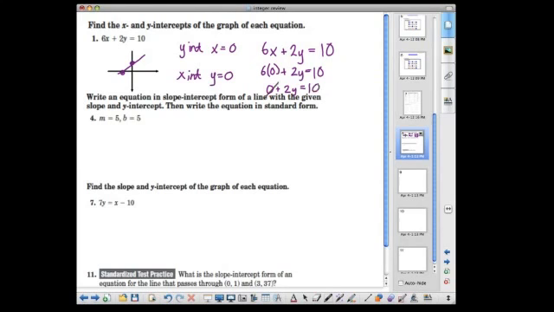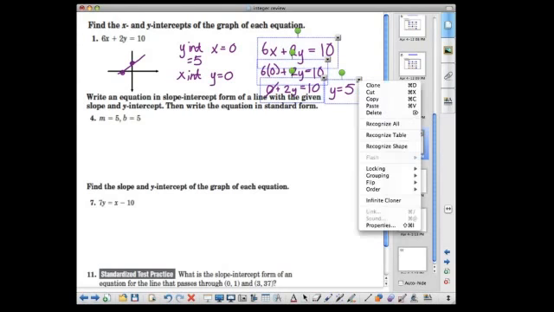I don't really have to account for my 0, so I'm left with 2 times y equals 10. Well, what number times 2 will equal 10? y will be equal to 5. So my y-intercept is 5.